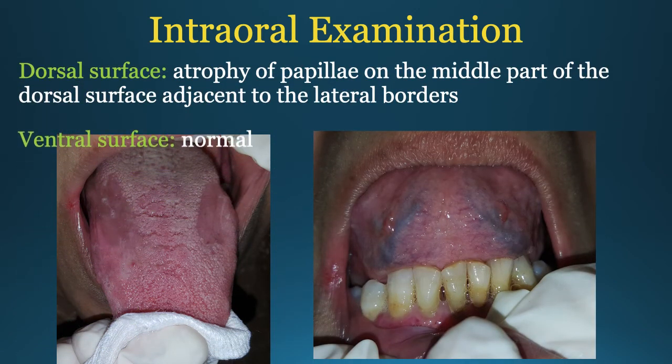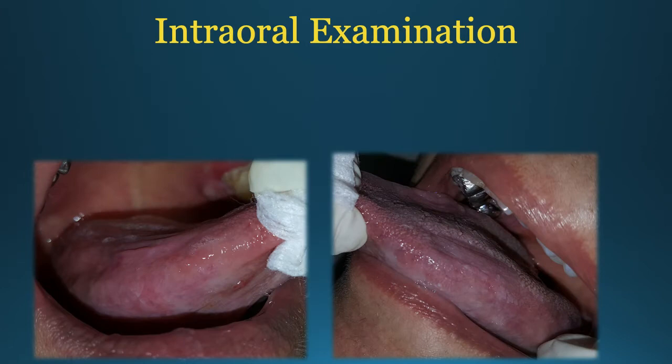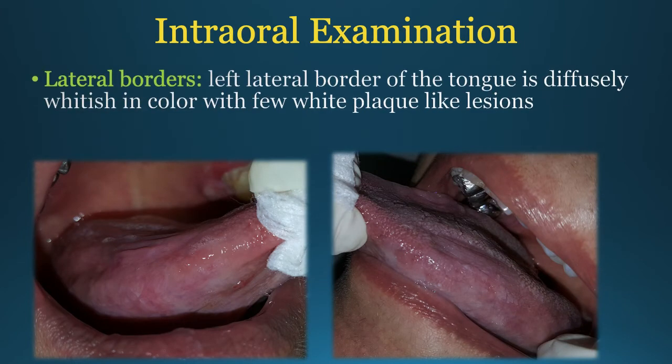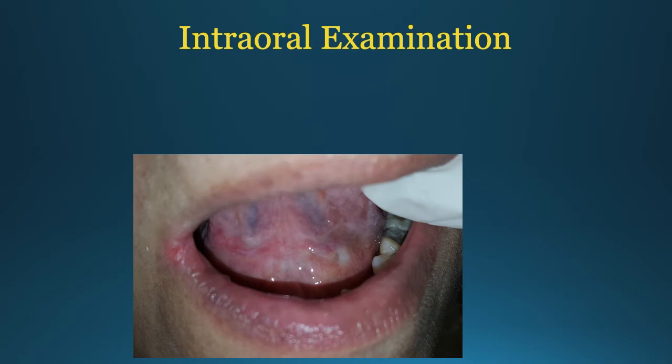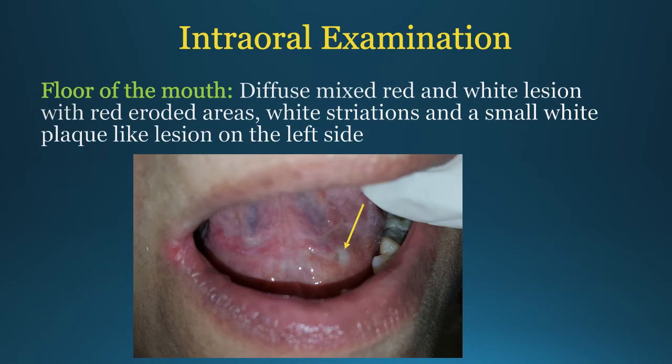For the lateral surface of the tongue, we mentioned that we have a plaque-like lesion located on the left lateral border of the tongue, and also on the floor of the mouth we have a plaque-like lesion. So this could fit the plaque type of lichen planus.